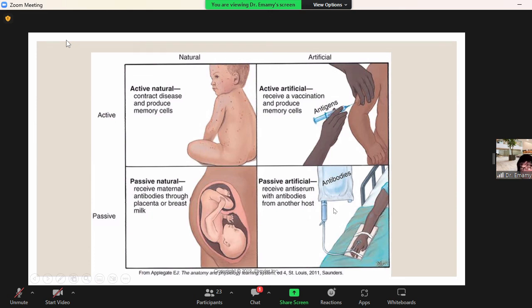Passage or infusion of antibody from one person to a patient, or infusion of antibody that you gather from several people and then infuse to the patient, is passive artificial immunity. This is passive because this patient doesn't make antibody. He or she receives antibody from another person, and it's artificial. Unlike the mother to the baby, it's not natural, it's artificial.